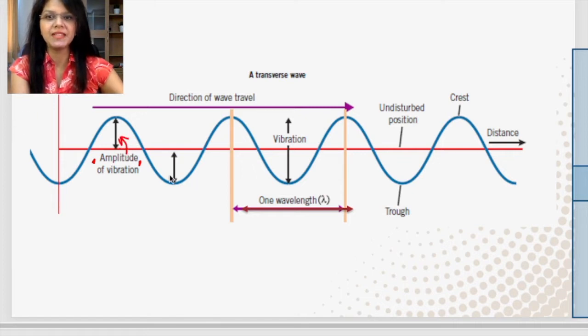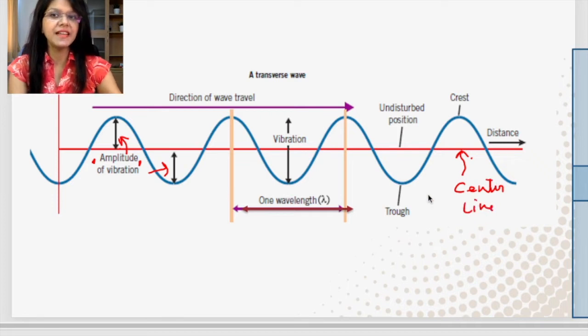This is your amplitude. This is also your amplitude, because of the center line. Which center line am I talking about? This is your center line. A center line divides the wave into two halves, right?